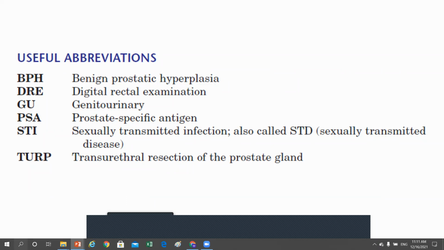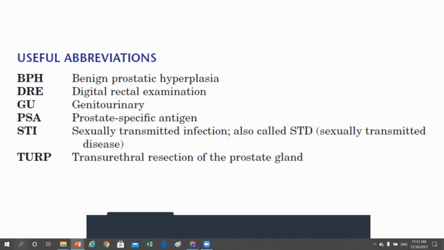Then, as we have already seen, for example, benign prostatic hyperplasia, BPH. To examine the prostate gland, nowadays we have a lot of instrumentation, like ultrasound and MRI, all various diagnostic methods to diagnose diseases of the prostate gland.